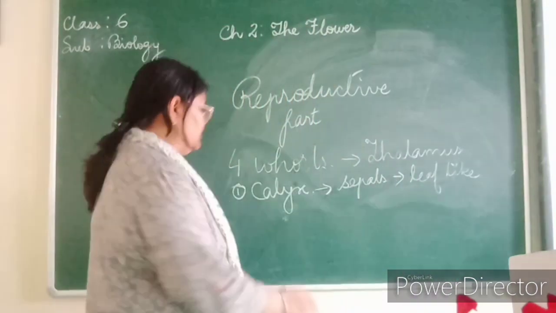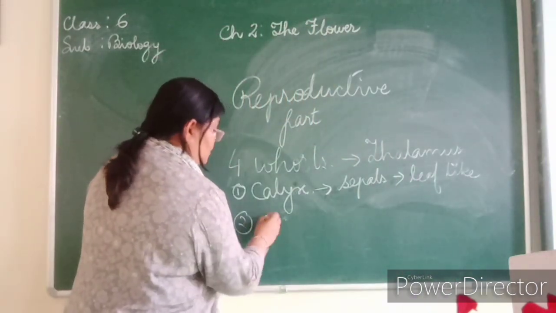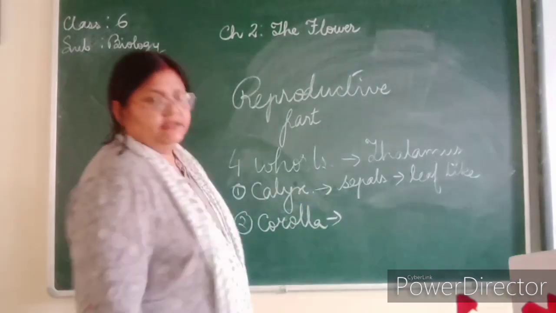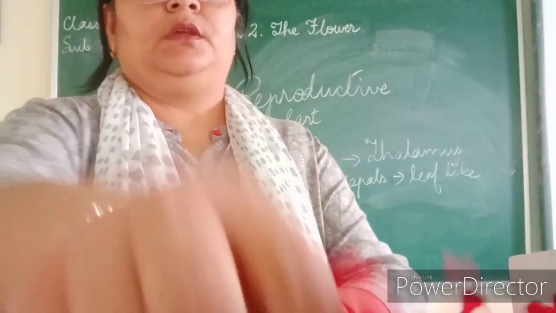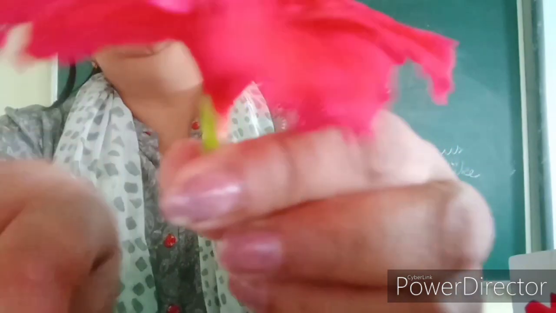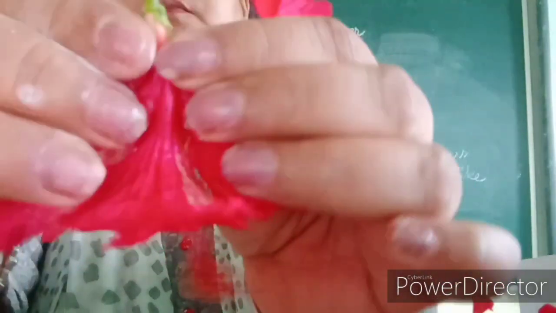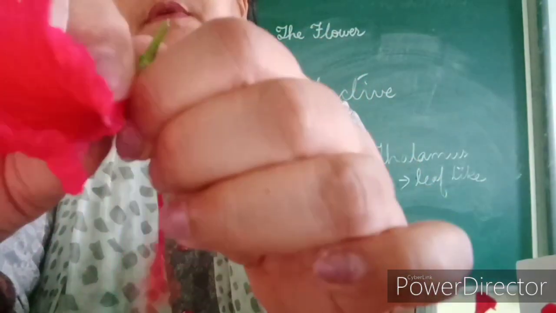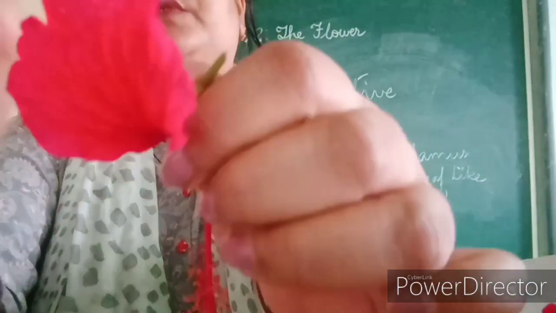The second whorl is called the corolla. Let's see the corolla. So see, I have removed the calyx, the first outermost whorl. So what am I left with? The next whorl. That is the corolla. Now let's remove that. We take this flower because the parts can be shown very easily with its help.